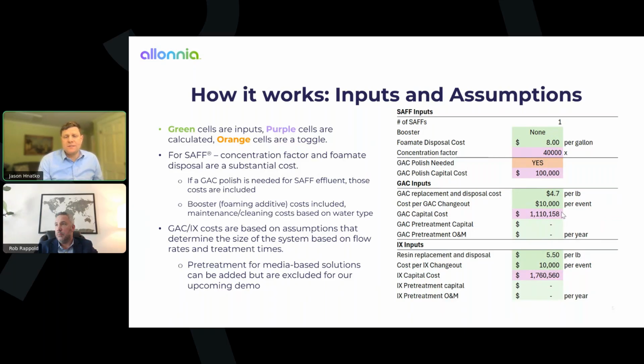So I have built in some calculations where it will size the system based on the flow rate, and it'll select vessels and carbon volumes and give you an estimated capital cost. But I'm not an expert in designing GAC. So if you have your own capital cost, if you've already gone through that design process, you can put those in and get a more accurate cost comparison.